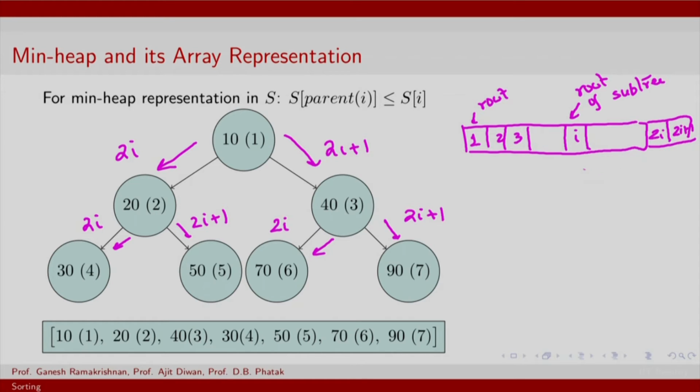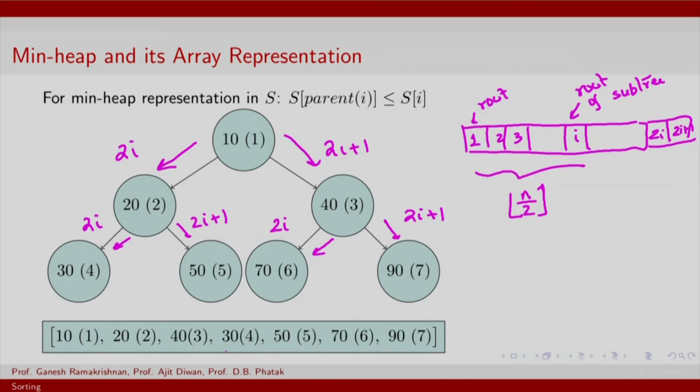Of course, for i to have children, this will mean that all these roots of subtrees should lie within the first n by 2 elements of the array. It is n by 2 floor, and that we can see here. For 7 elements, the intermediate non-leaf nodes cover the first 3 elements of the array.